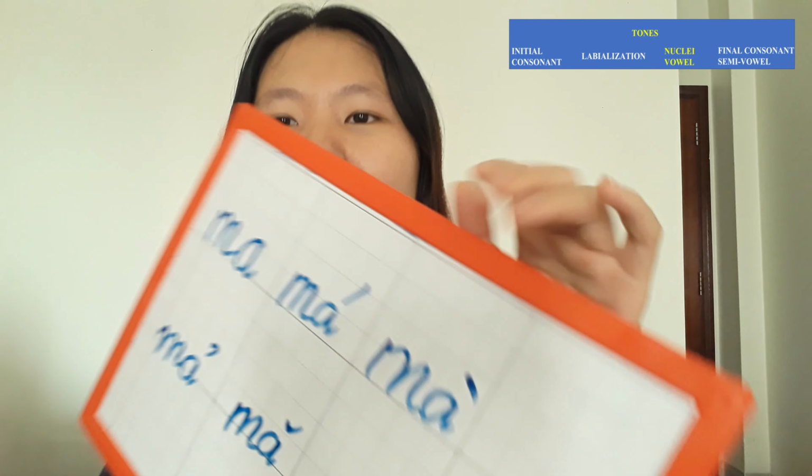In the Vietnamese language, a syllable will contain at least two mandatory components, including tone and nuclear vowel. What are tones? In Vietnamese, we have 6 tones, which make a lot of difficulties for foreigners learning Vietnamese. So now I will give you an example so that you can understand what tones are. Look at here.